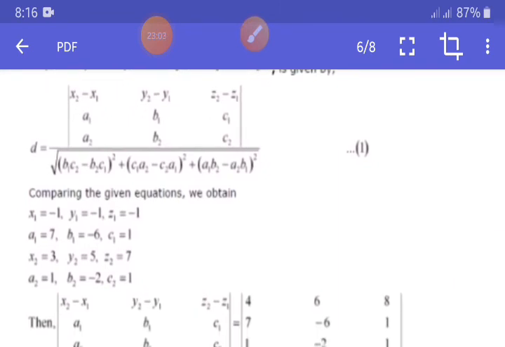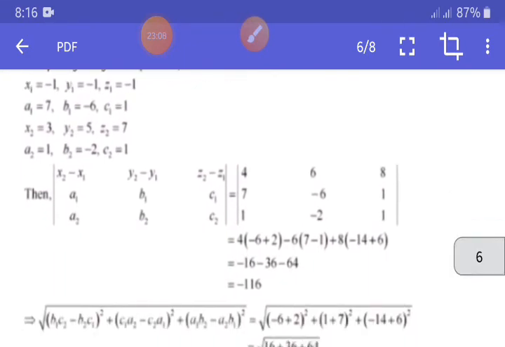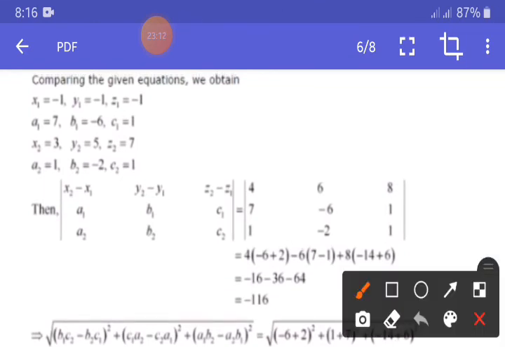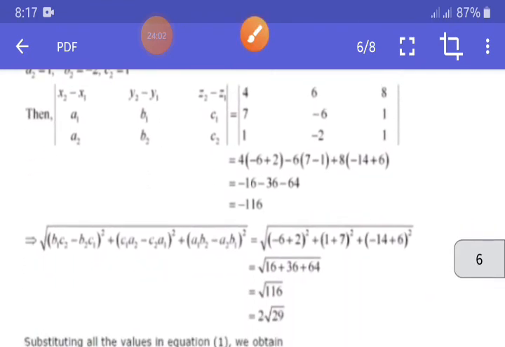Now put all these values in this formula. x2 minus x1 is 3 minus of minus 1, which is 4. y2 minus y1 is 5 minus of minus 1, so 5 plus 1 is 6. z2 minus z1 is 7 minus of minus 1, 7 plus 1 is 8. a1 b1 c1 is for the first line, and a2 b2 c2 for the second line is 1, minus 2, 1. Now simplify, we get minus 116.